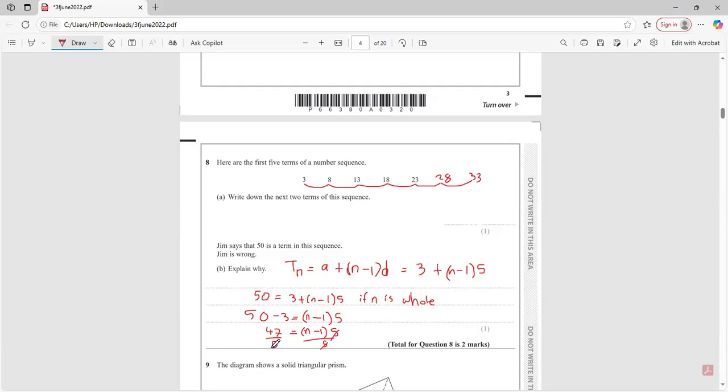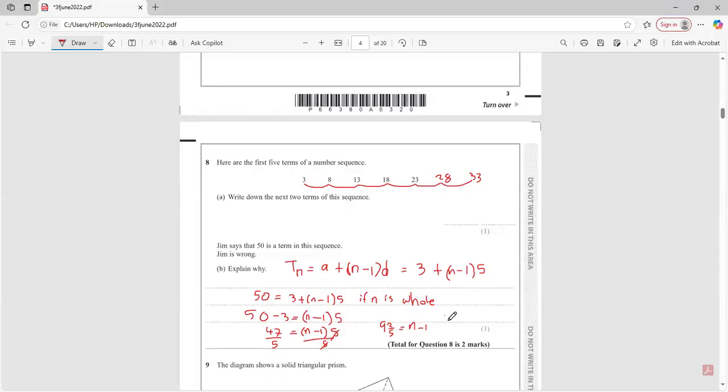You can see clearly that there's no likelihood that n will be a whole number, because 47 over 5 itself is not even a whole number. 47 over 5 is 9 remainder 2, isn't it? That's 9 whole number 2 over 5. The next thing is to add 1 to both sides.